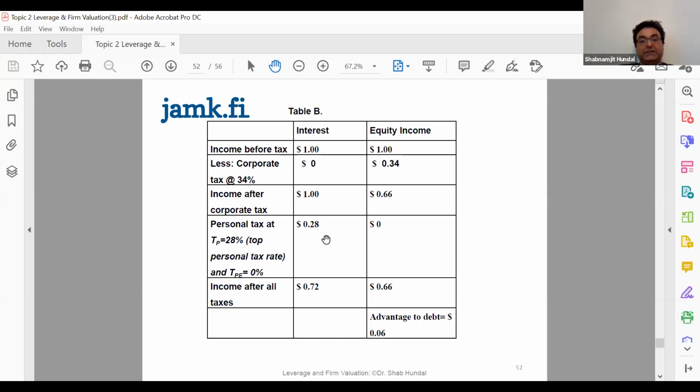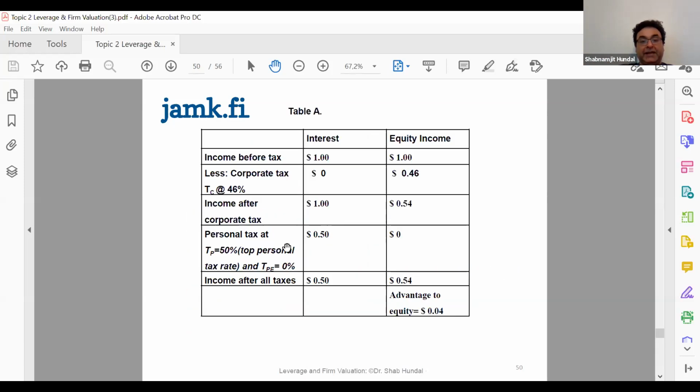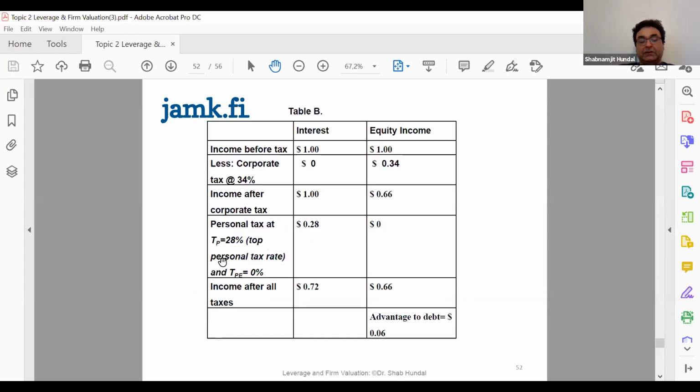But it is because in the previous example, the personal tax rate on debt income was 50%, but now the personal income tax on debt income is 28%. So even though there's still no tax on equity income, because the debt income tax rate has gone down, that can change.